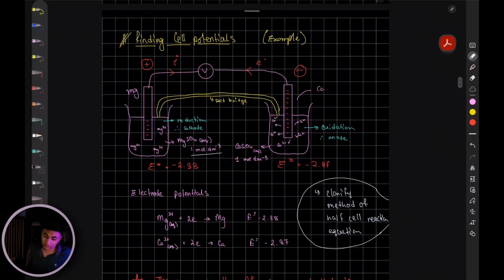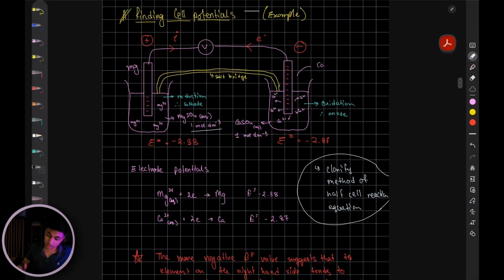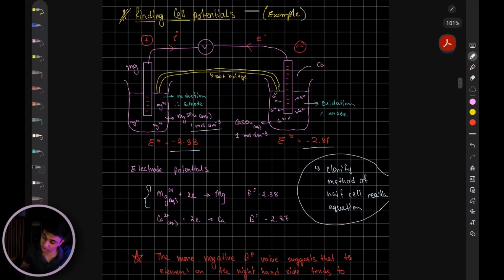Okay, now understanding the equation at each electrode, you have the magnesium electrode, where the electrode potential over here is minus 2.38. Notice the electrode potential at calcium is minus 2.87. Now, which one do you think is more negative? Obviously, the one of calcium, right?